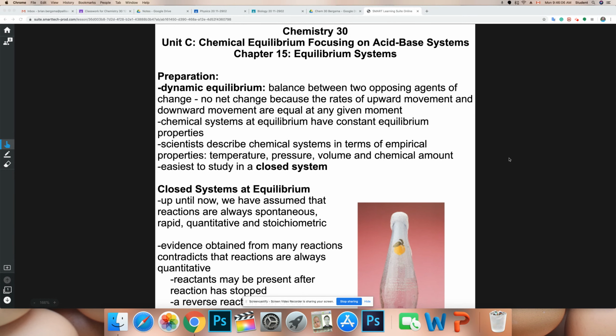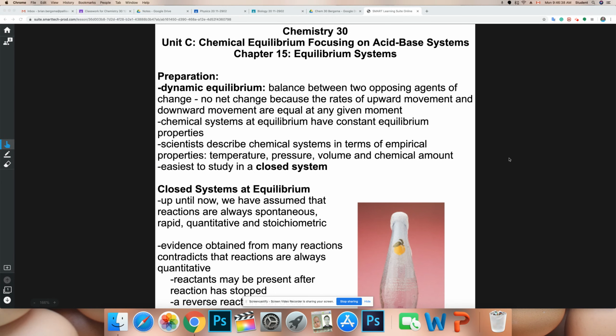Okay, so kind of some preparation, some things you need to know. Dynamic equilibrium we've talked about before in different science classes, but it's just the balance between two opposing agents of change. There's no net change because the rates of the upward movement and downward movement are equal at any given moment. Chemical systems at equilibrium have constant equilibrium properties. So scientists describe chemical systems in terms of empirical properties: temperature, pressure, volume, and chemical amount.